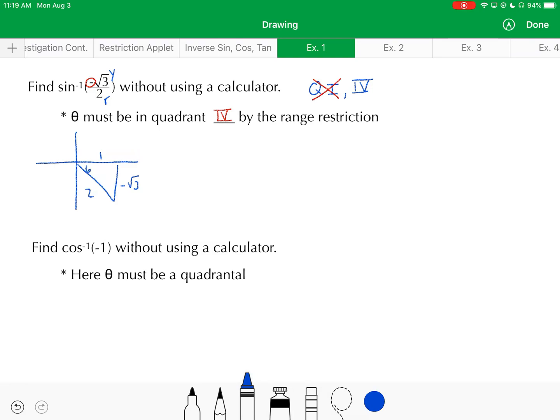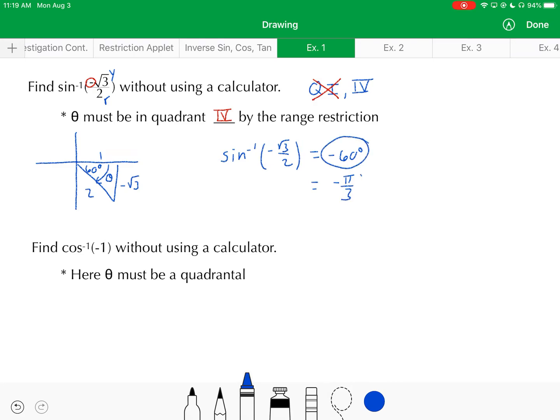So we're working with a 60-degree angle here, but remember, the fourth quadrant angle has to be expressed in the negative direction, okay? So I'm going to say that inverse sine of negative radical 3 over 2 is equal to negative 60 degrees, or if we were asked for radians, negative pi over 3, okay?